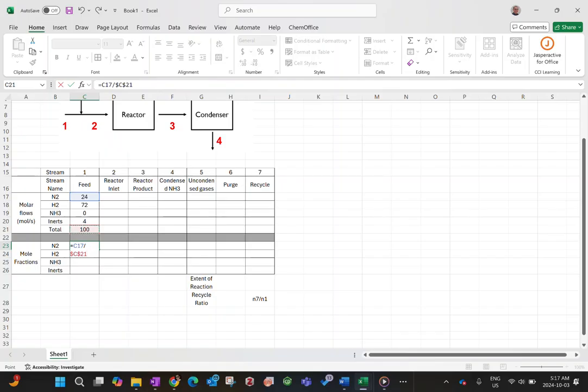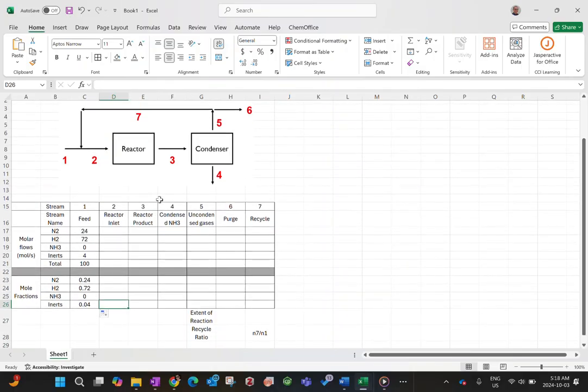I'm going to have it be there, so the row is fixed. For me, this is hitting function F4, but basically I'm just setting this so that the row is fixed, so that all I need to do is scroll this down in the corner, and now it has the mole fractions all set in the feed. Okay, so that was the feed.